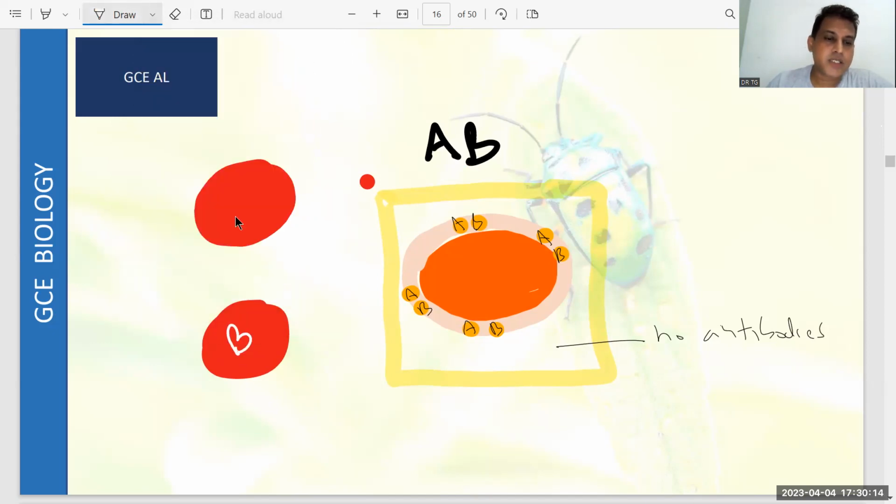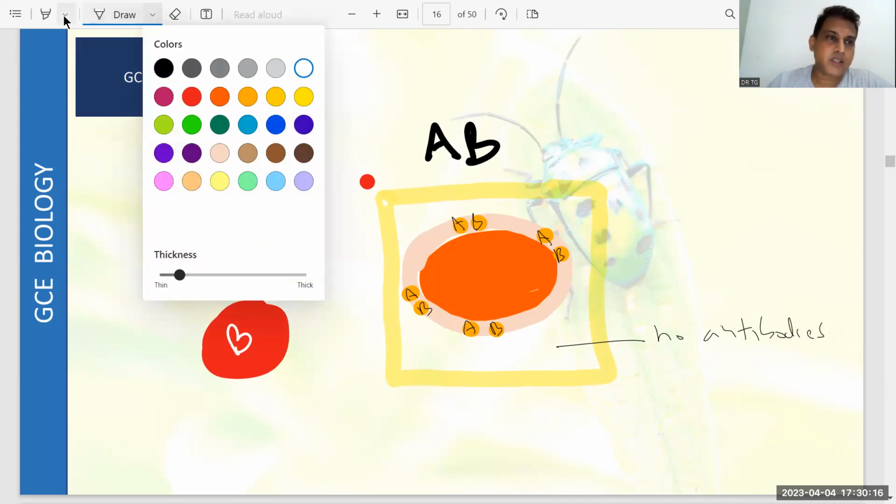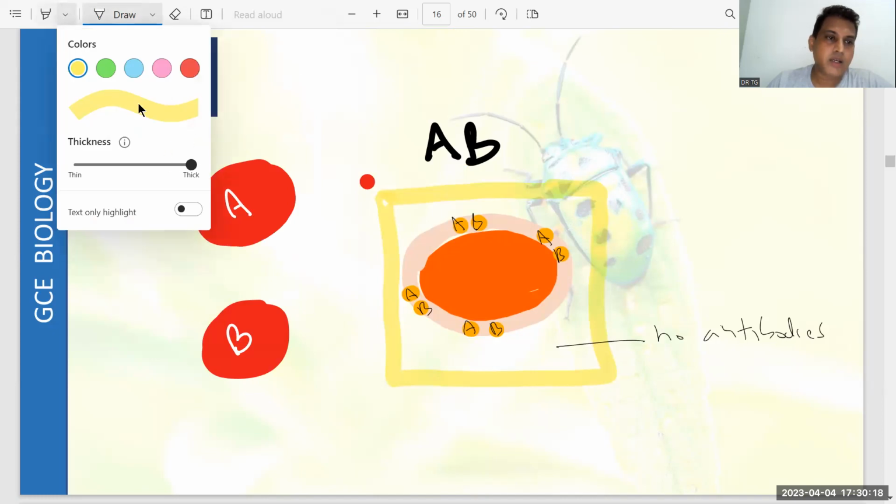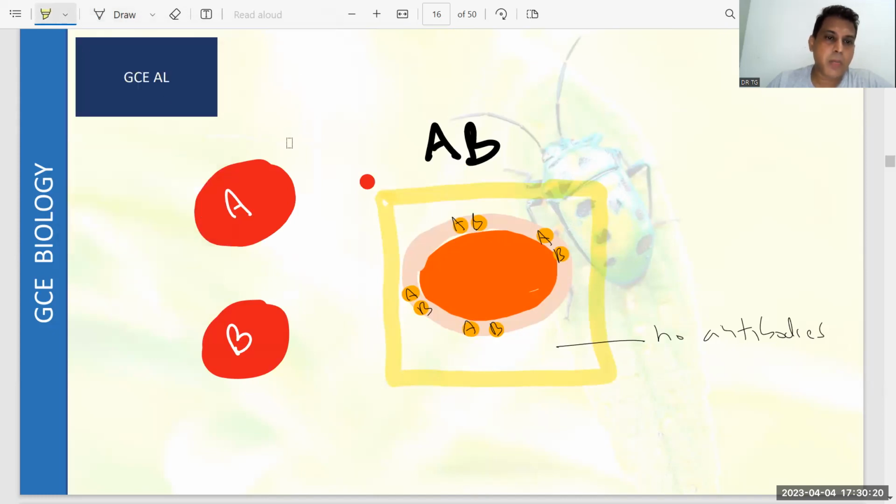This is a B, this is an A. Now A plasma has B antibody, B plasma has A antibody.